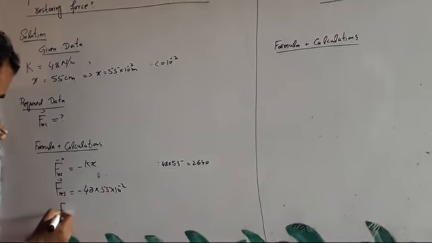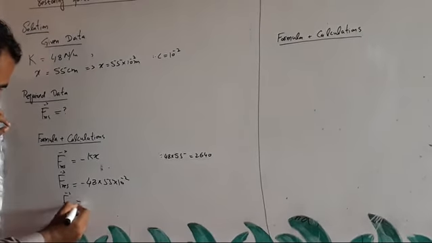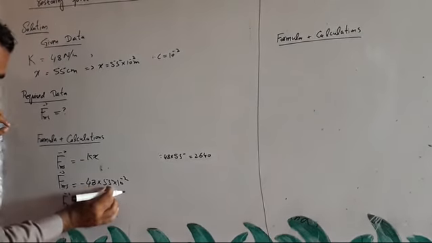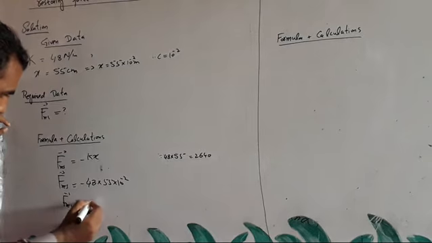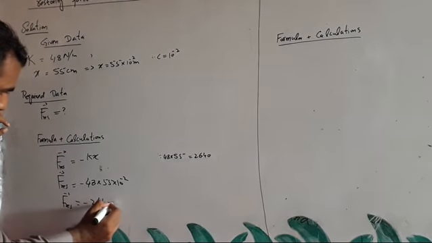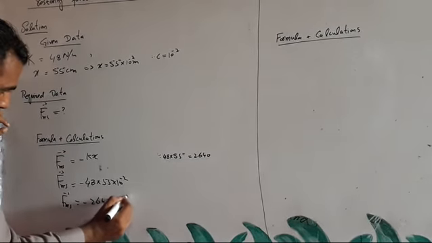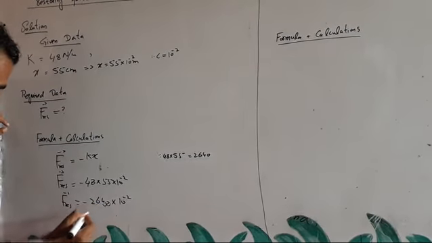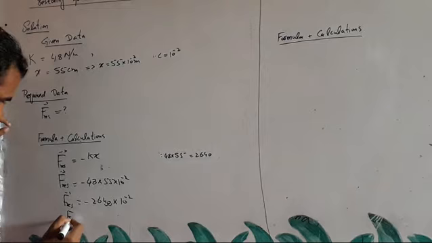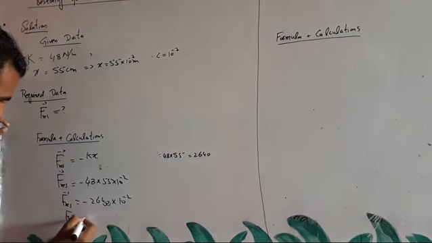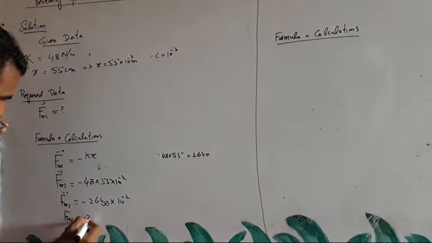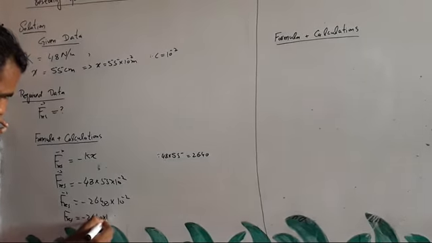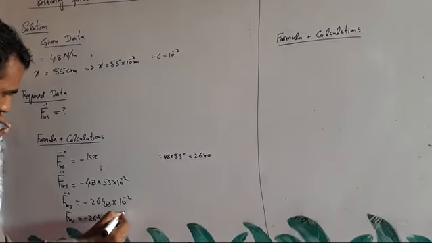By multiplying these two quantities, that is 48 multiply 55, we will get 2640 multiply 10 power minus 2. As the decimal point is here, by shifting it two places, our next step will be minus 26.40 multiply 10 power 2 multiply 10 power minus 2.